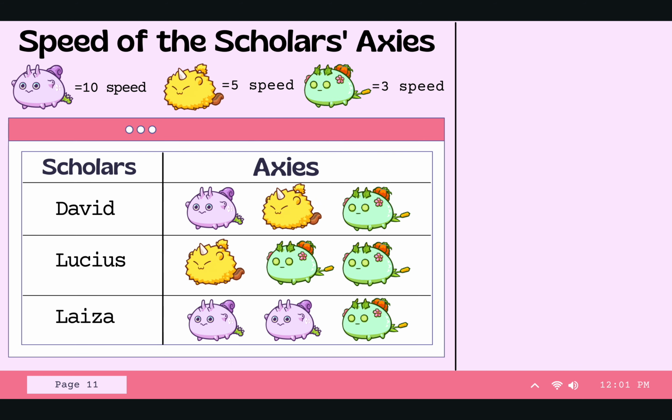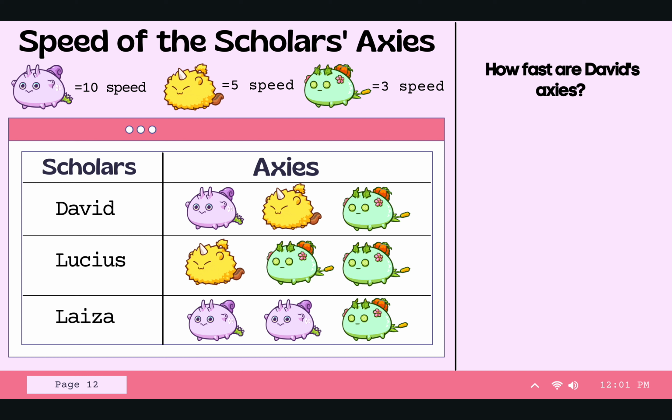Next, let's discuss the data of our pictograph by answering the following questions. First question, how fast are David's axes? David has three axes, 1, 2, 3.